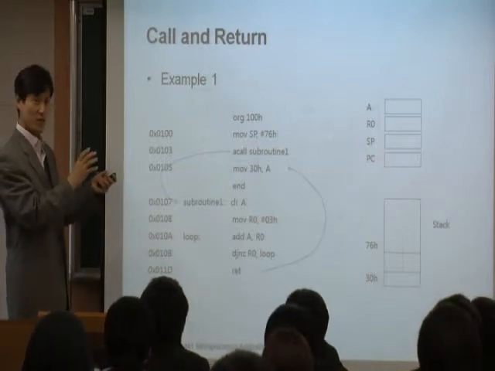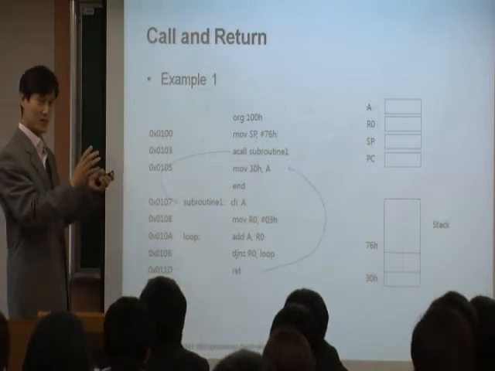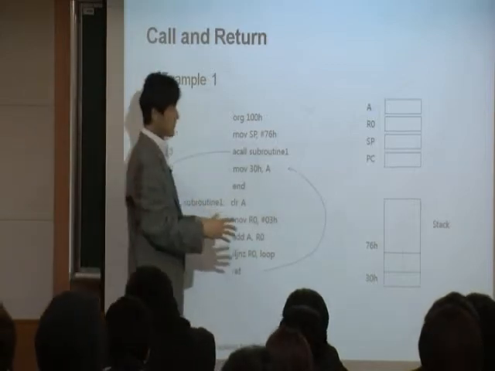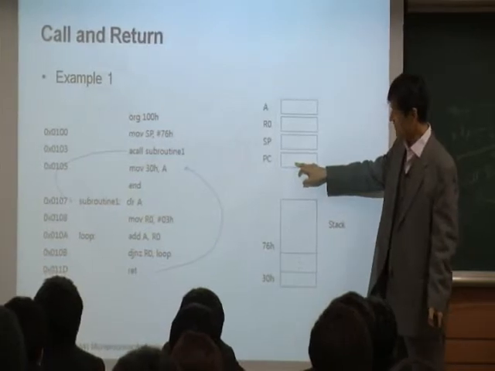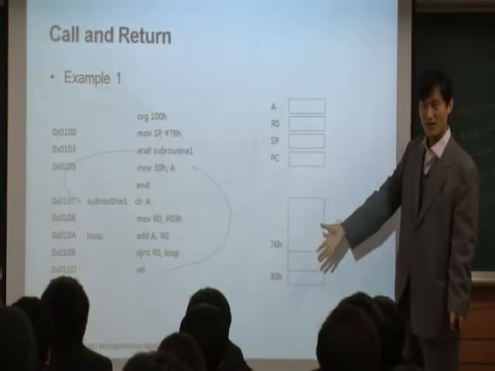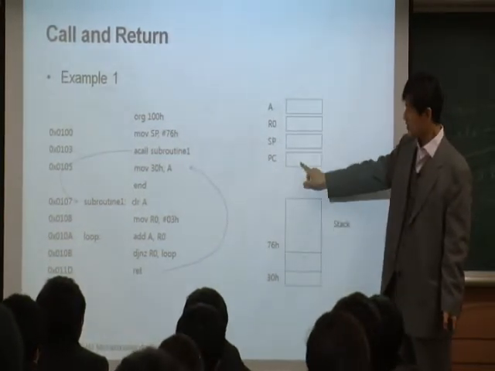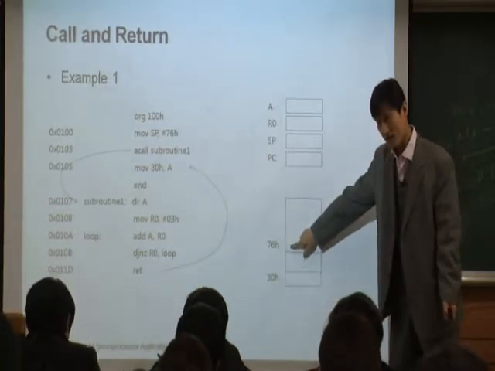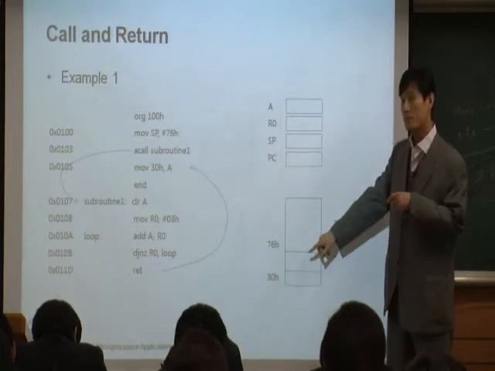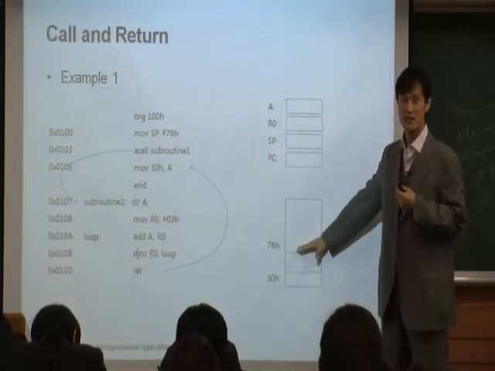You need to know exactly what happened, like a meter. You have to know exactly what value you have, and you copy this value into the stack. But where is the stack? 76. So 105 here is now copied to 76, because this is the bottom of my stack.